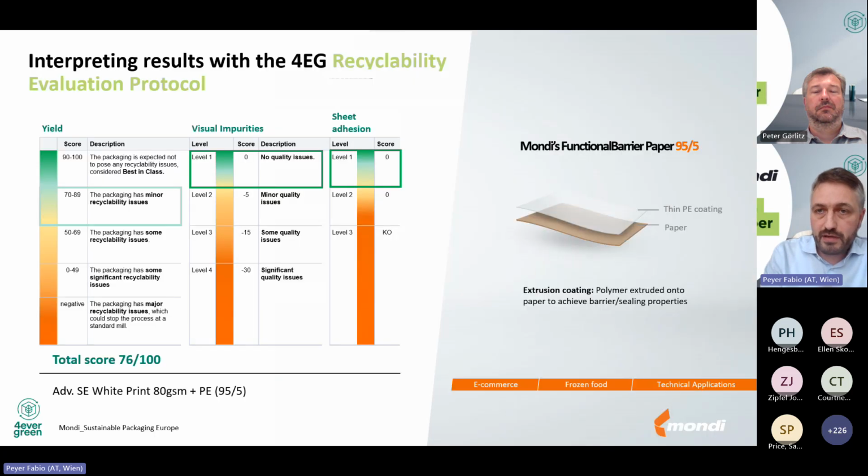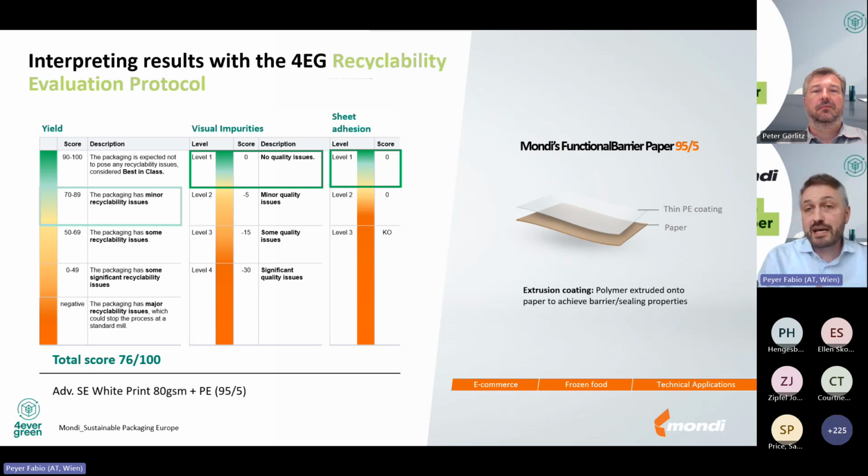As Peter also mentioned, while the method gives you the hard data on packaging recyclability, it is with the help of the 4evergreen recyclability evaluation protocol that we can bring those data to life. We can make it meaningful for our stakeholders along the value chain, and we make sure that we drive decision-making out of it.